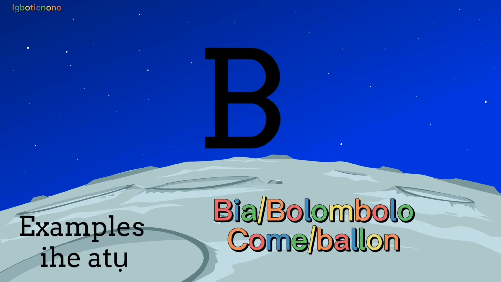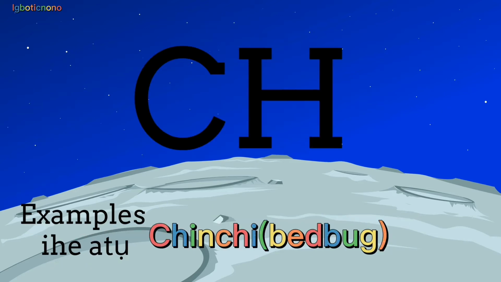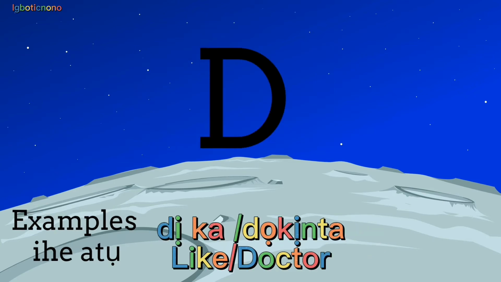So guys, the B letter here is bia, is the example. A, B. So the letter here, bia. Chi, that's chinchi. That's bedbug in English. A, B, chi. Then D: A, B, chi, D. The D here is dike, or dokinta.